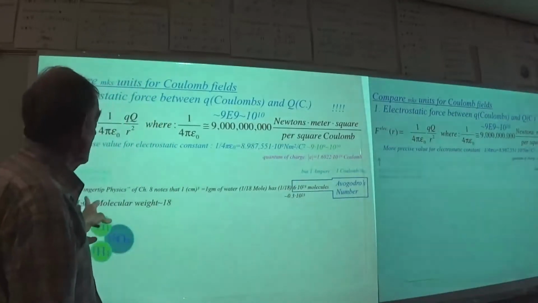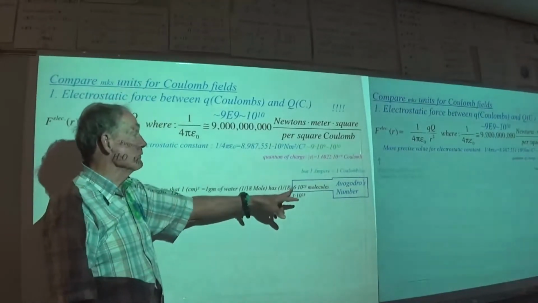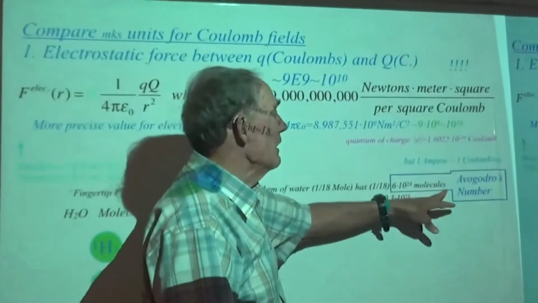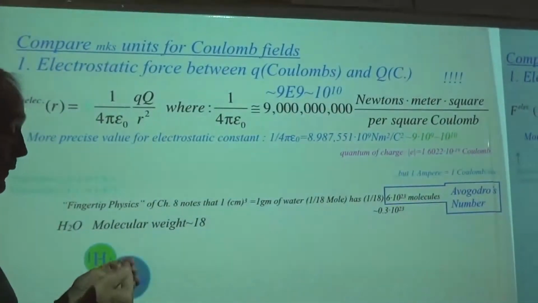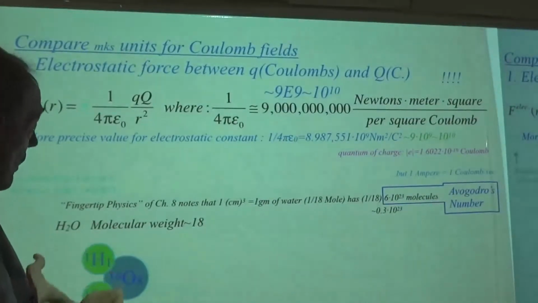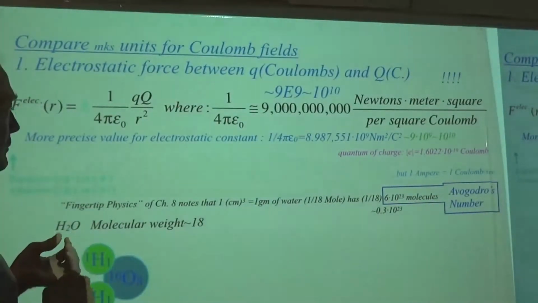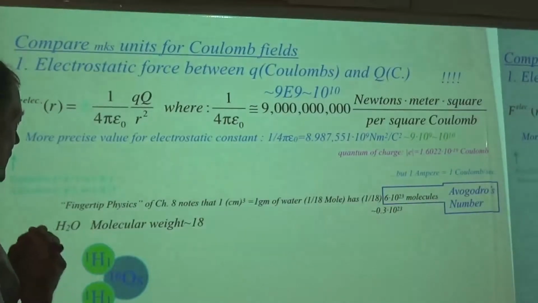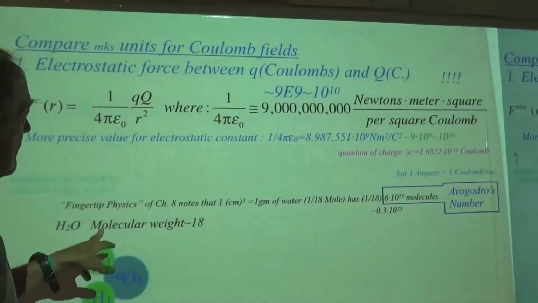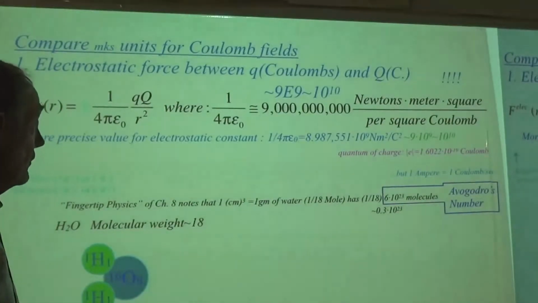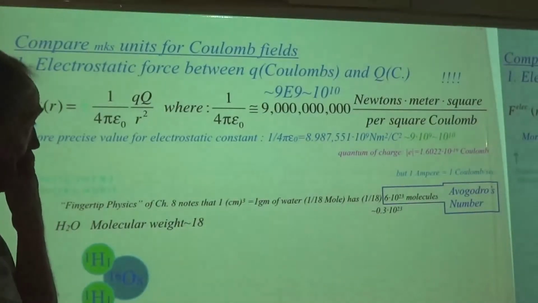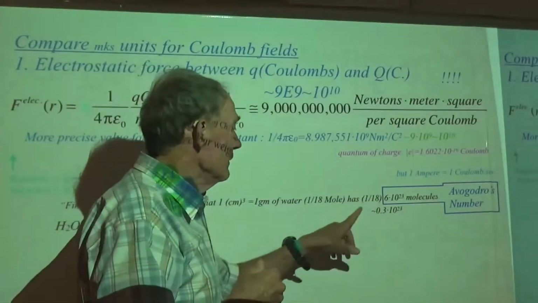So what I'm doing here is just reminding you of your freshman chemistry. We've got the Avogadro number for a mole. We've got a water molecule. You're mostly water, so we can use water as a good indicator of what is going on inside your finger. And a molecular weight here of 18. We've got 2 hydrogens and 1 oxygen, okay? And 1 mole has this many.